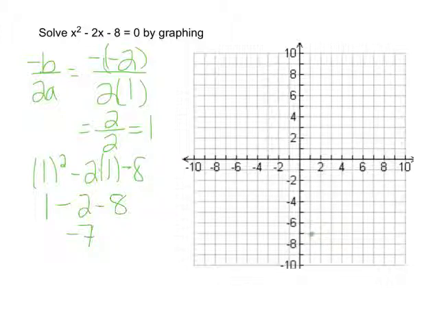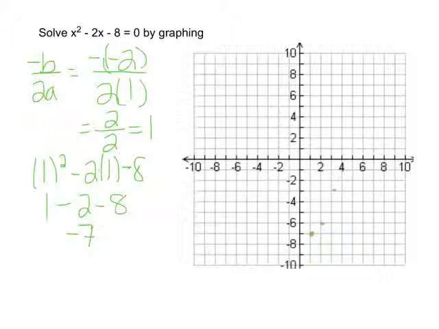And when I graph a parabola, I can always move the graph a certain way. And so I'm going to start at this original vertex point, and I'm going to go over 1, up 1, and I'm going to make a point. And then from that point, I'm going to go over 1, up 3, so 1, 2, 3.